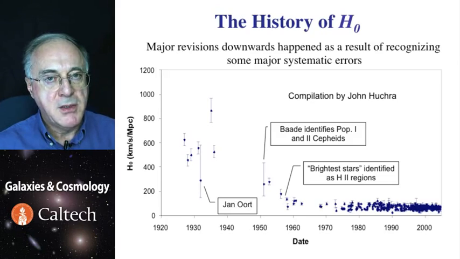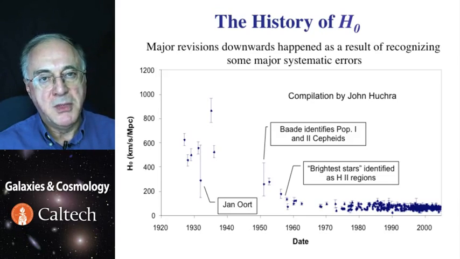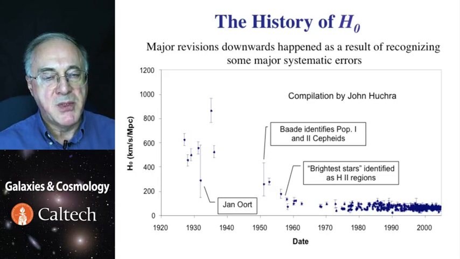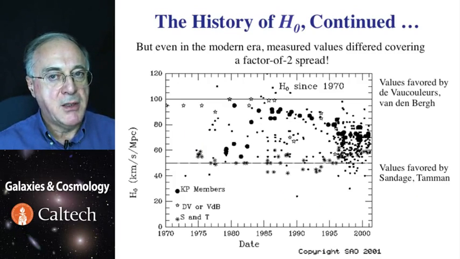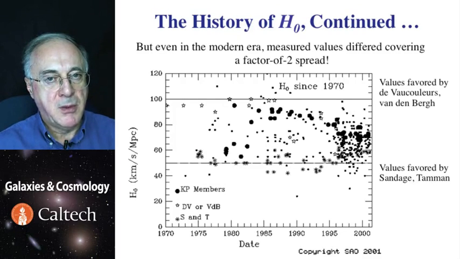And in the 1970s, it got down to the range of between roughly 50 and 100 kilometers per second per megaparsec. There were two prominent schools of thought on this. One, led by Alan Sandage, the disciple of Hubble, pushed for the lower values, around 50 kilometers per second per megaparsec.